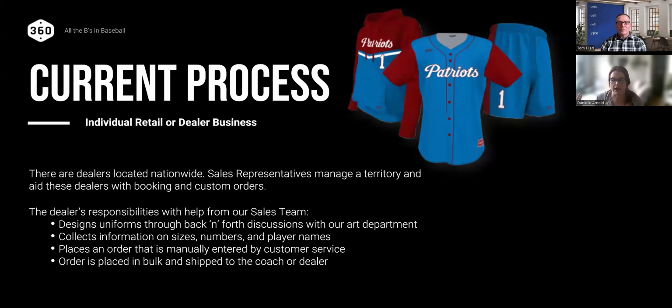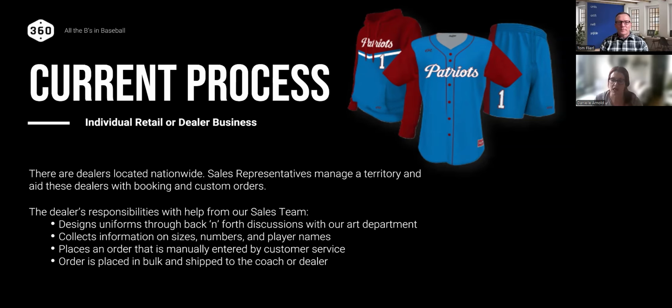So what it looks like right now, or rather what solution we have created from how the process has been working, where these individual coaches or organization heads or athletic directors are working with these dealers nationwide. We have sales representatives across the country as well, managing territories and aiding these dealers with these booking orders and custom orders. But really, the responsibility lies on the dealer with help from the sales team, but they have to design the uniforms with back and forth, be the in-between from the coach to the art team, and making sure that those messages stay consistent.